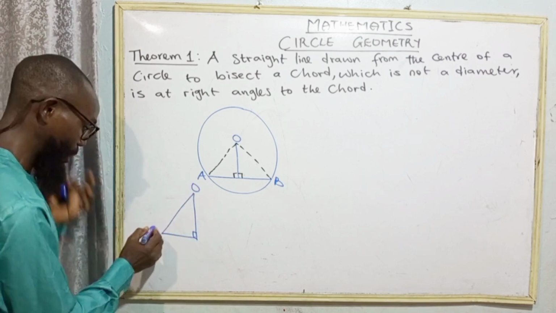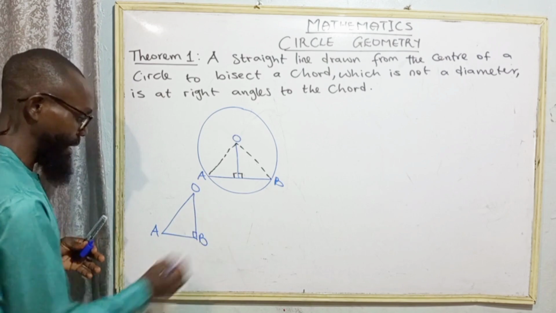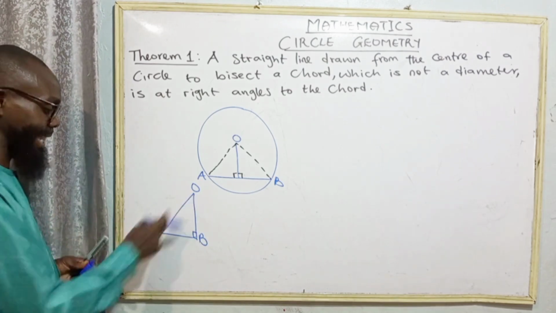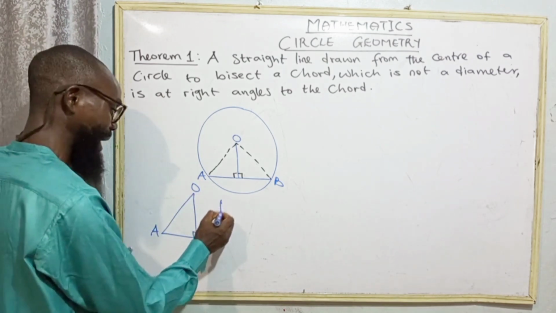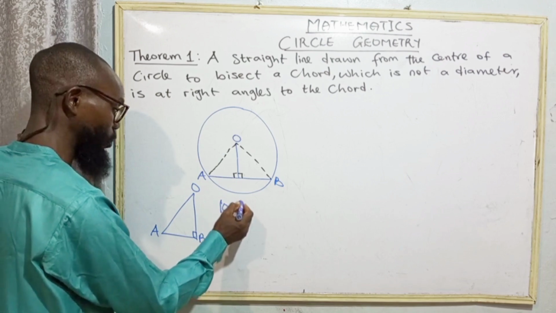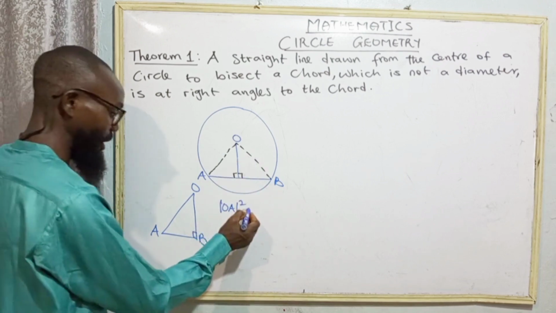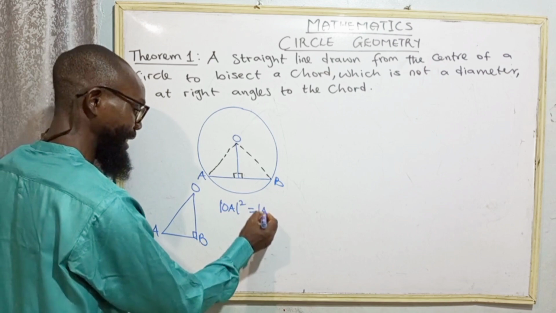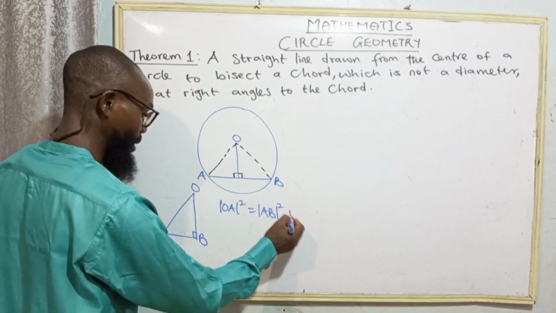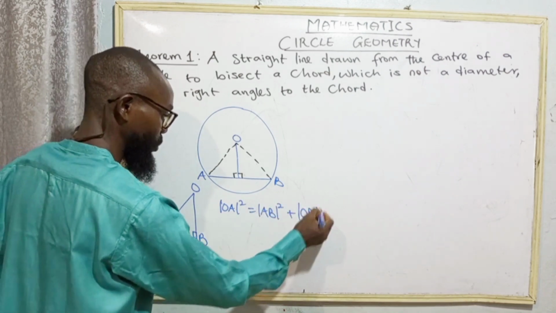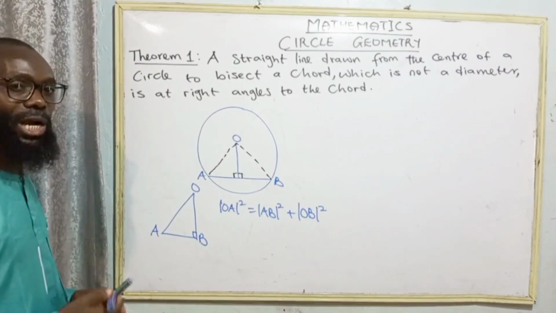This angle OAB, let's say, so here you can get your line OA through Pythagoras theorem. OA square is going to be equal to line AB square plus line OB square. This is called Pythagoras theorem.